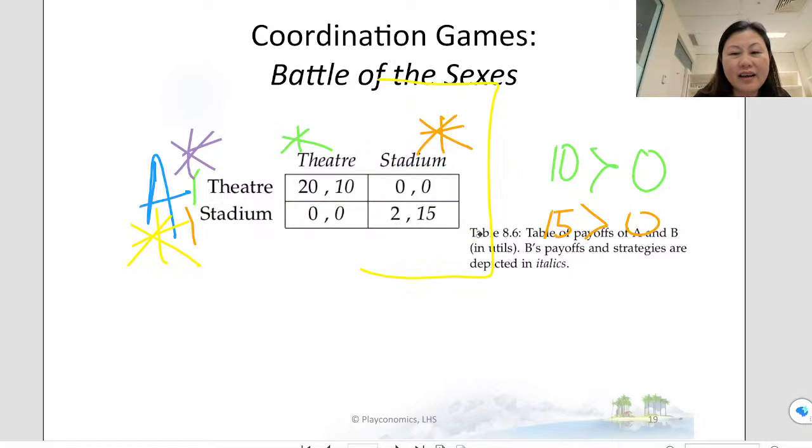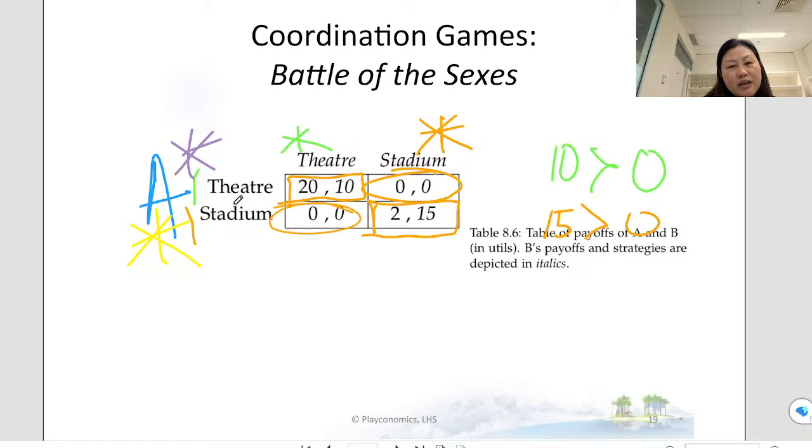So let's check the strategies that we're talking about. You will look at each strategy profile. This is a strategy profile. This is a strategy profile.